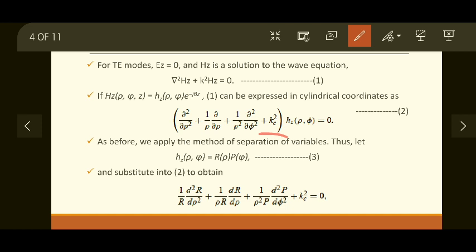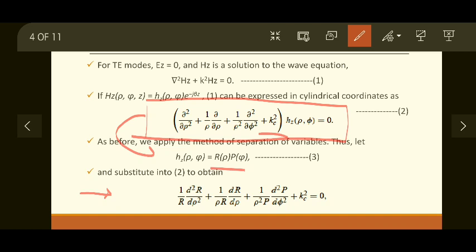Similar to our rectangular waveguide procedure, now we have to apply the method of separation of variables. This equation does not contain any z component, so all of the terms are a function of either rho or phi. So Hz of rho, phi is now equal to R of rho into P of phi. Substituting this into the equation, we can get the next equation.